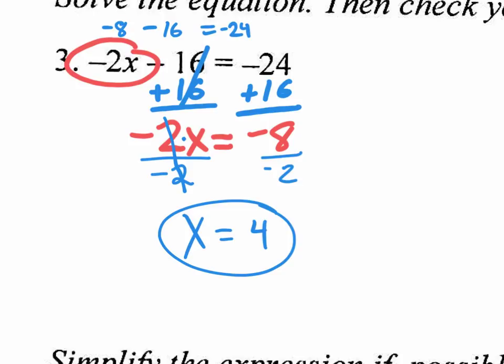Now, if you think about it, negative 8 minus 16, it really is negative 24. So what you've done right there is you've double checked and you've made sure that 4 is the correct answer, right? So on equations, whenever you get an answer and you bubble it in on your multiple choice form, you could always go back and plug it back in to see if it actually gives you a true statement, and that way you could be absolutely positive that you have the right answer.